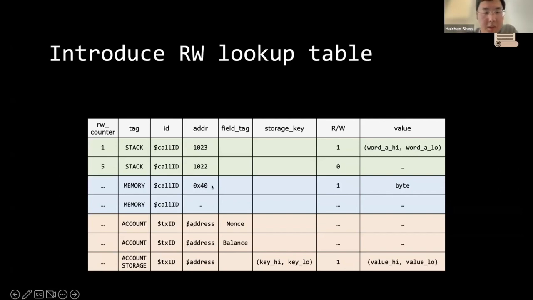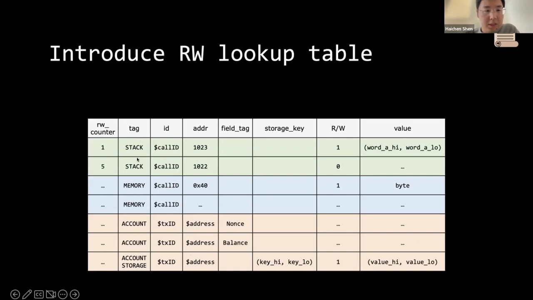For the account things, you have the transaction ID to differentiate the initial value, because before you execute a transaction, you don't permanently write into the storage, as it could be reverted in the future. When you indicate the transaction ID, that means you know what the initial value is inside the storage. The next column is the address.